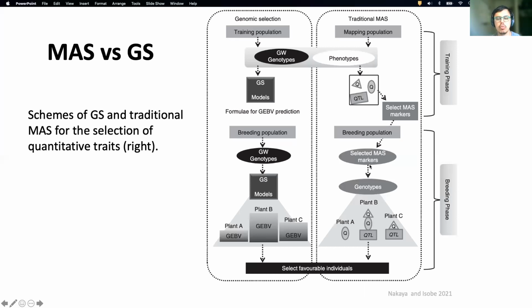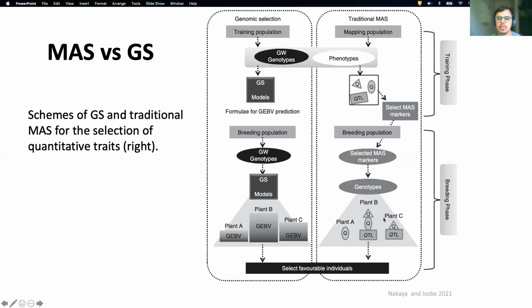And basically what you want at the end is that, for example, here, you can identify 3 QTLs, so that phenotype is controlled by 3 QTLs, or at least you could identify 3 QTLs in that population. And what you want is to run the primers to amplify the molecular markers that are in LD with those QTLs, that are associated with those QTLs.